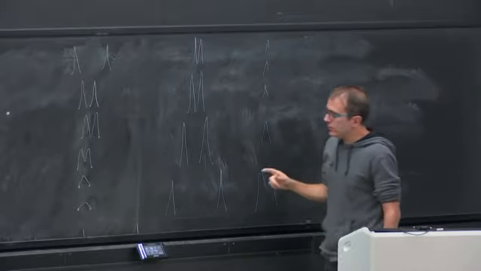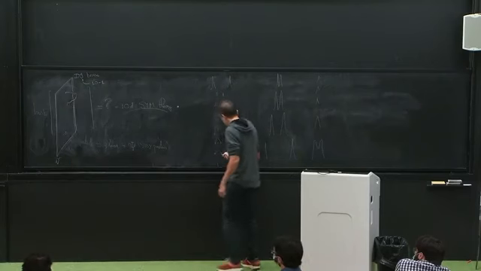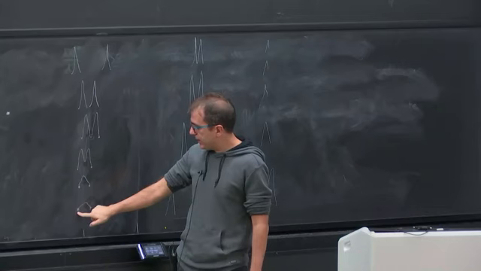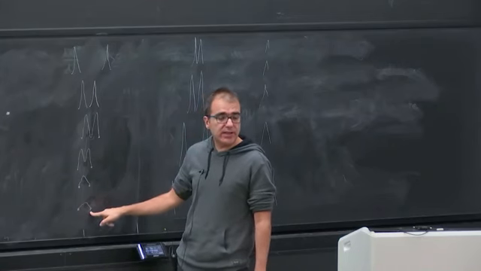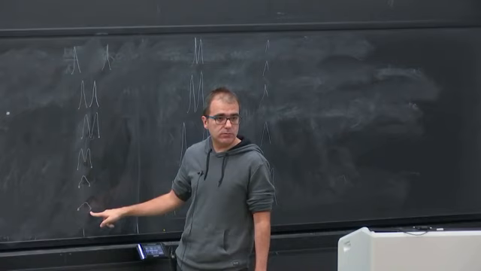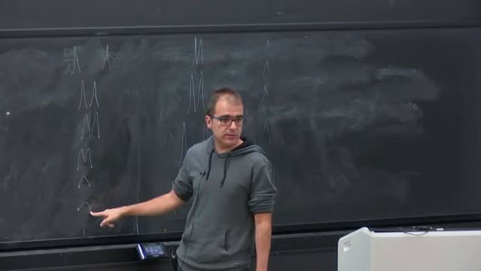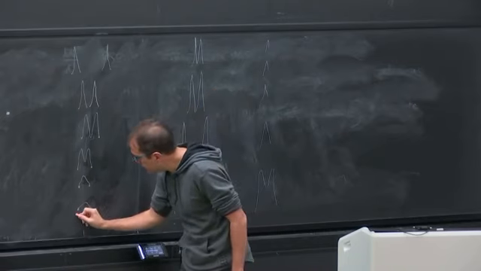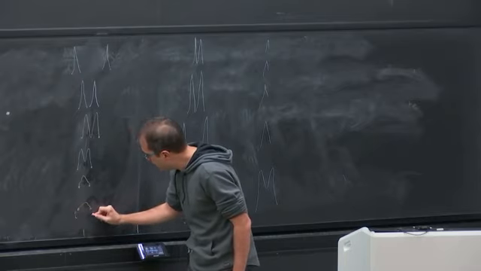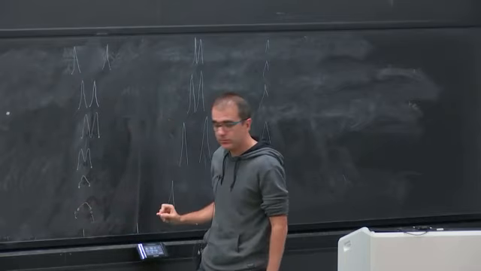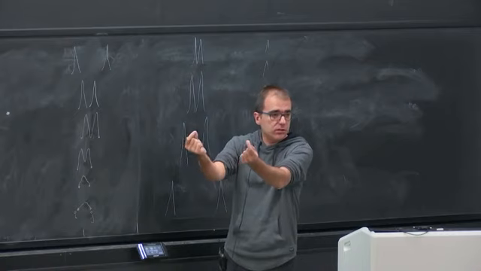Now, let's be more specific and say, where are the endpoints of the string? Well, they end up on the D brane, but there are N of them. We said there is a stack of D branes, right? So let's say that this endpoint is on D brane I, and this endpoint is on D brane J. And they continue.